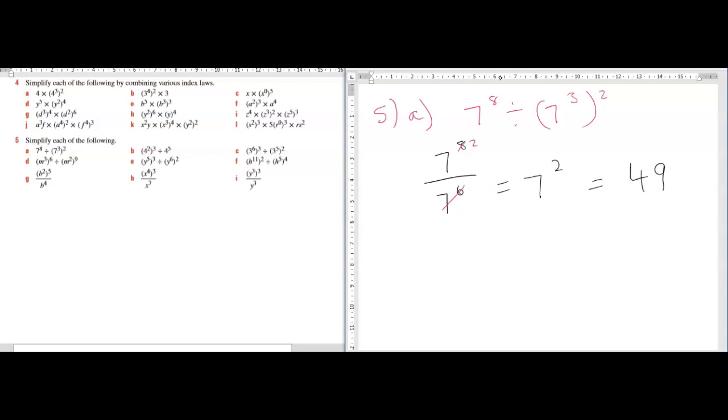Now, we're not leaving it in index form, that becomes 49. Okay, let's move on to a harder one. Let's do D. m to the power of 3, to the power of 6, divided by m squared to the power of 9.